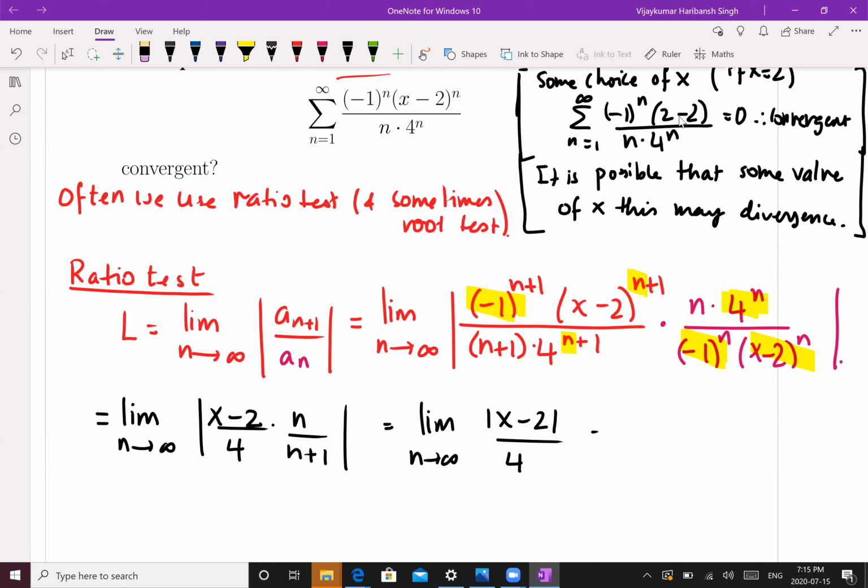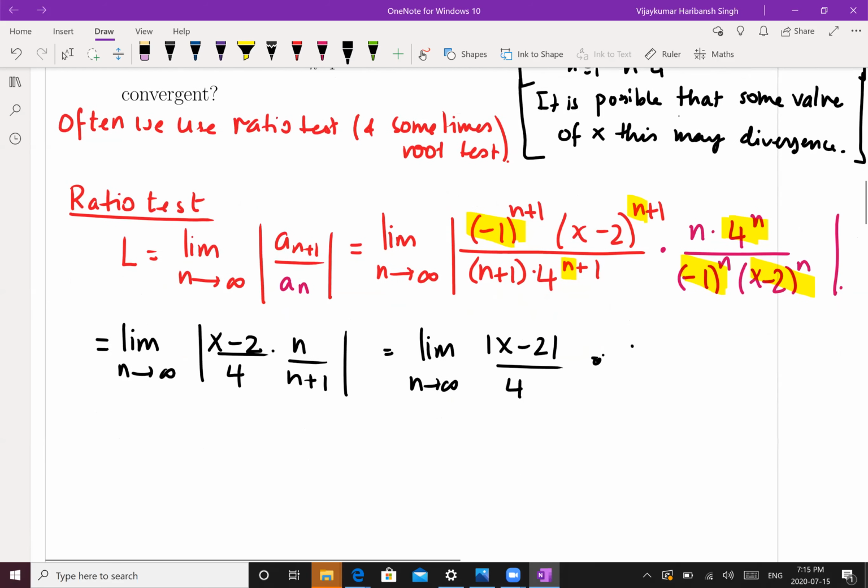So if this is less than 1, we have the following. By ratio test, if L, which is this here, when I took the limit, I should have gotten rid of this because there's no n here.